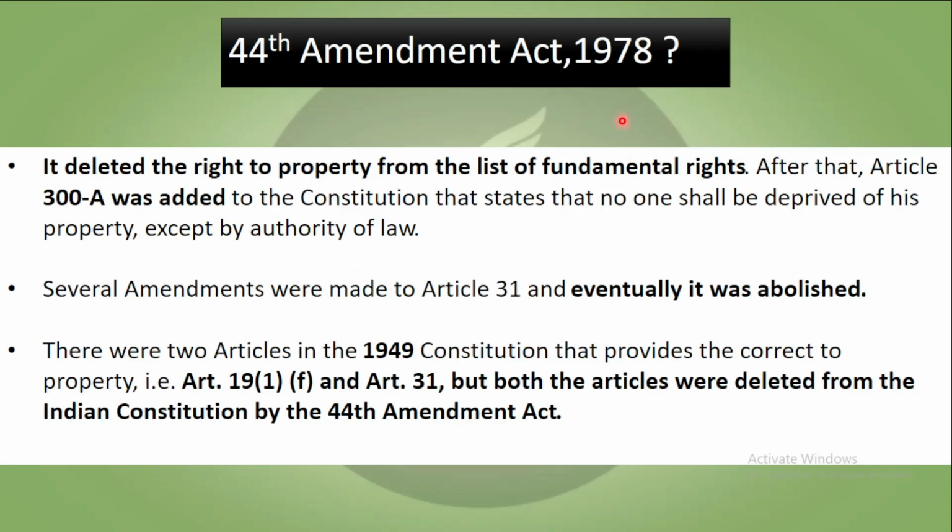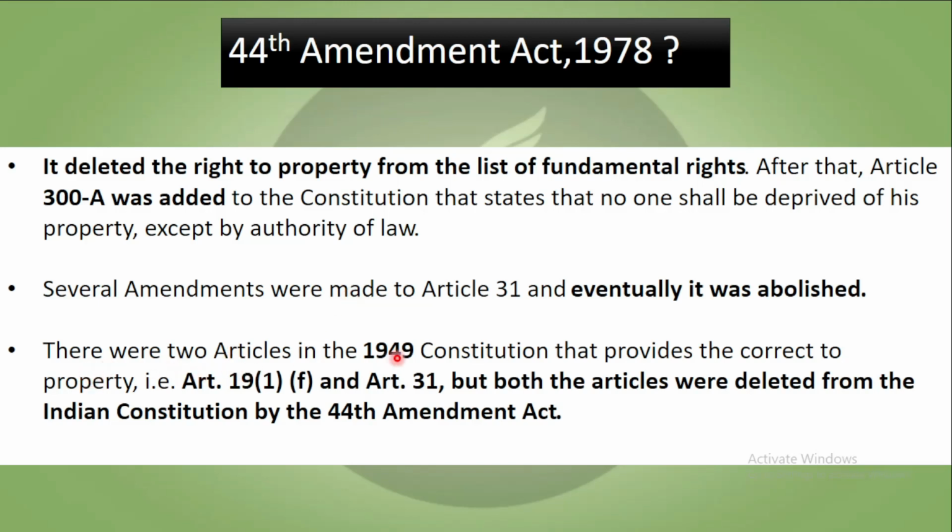Now what was the 44th Amendment Act? It deleted the right to property from the list of fundamental rights and added Article 300A to the Constitution, saying that no person shall be deprived of property except by the authority of law. Several amendments were made to Article 31, and eventually Article 31 was abolished. Articles 31A, B, C still exist.